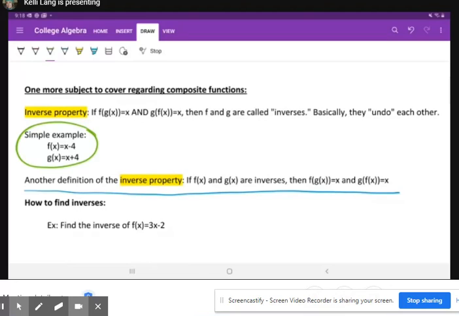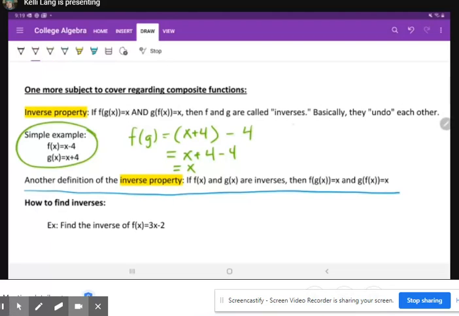If I were to take f of g of x in this example, I would start with f, which was x minus 4, but instead of plugging in x, I would plug in g, which is x plus 4. So this would give me x plus 4 minus 4, and essentially what's happening is the x plus 4 and the x minus 4 kind of undo each other because they're sort of opposites.